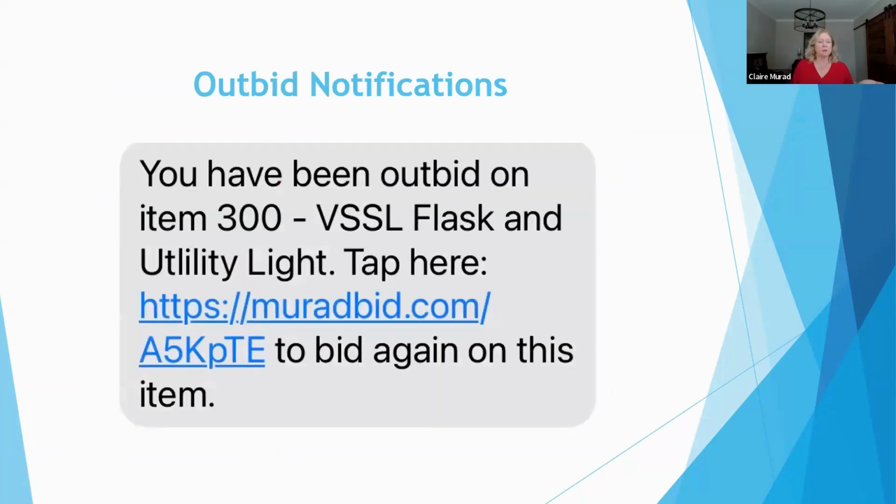And then, of course, you want to make sure that the software will include outbid notifications. So if someone's outbid on an item, they're going to receive a text message, and an email if you want them to also receive emails, letting them know they've been outbid on an item. You want to make sure that the link in the text takes them right back to that specific item to continue bidding.